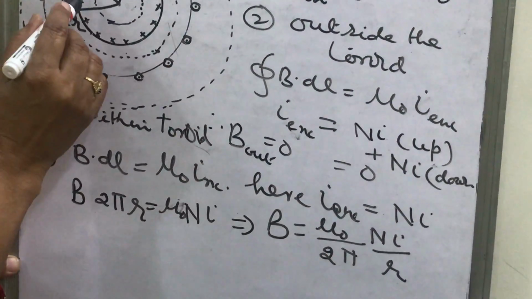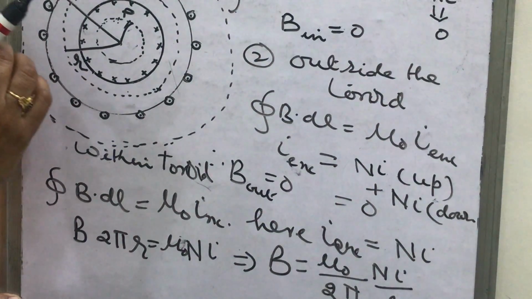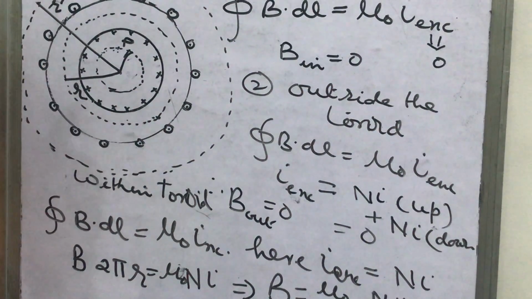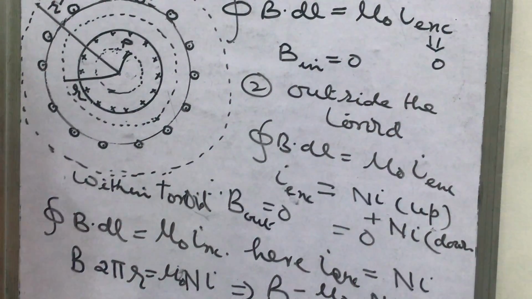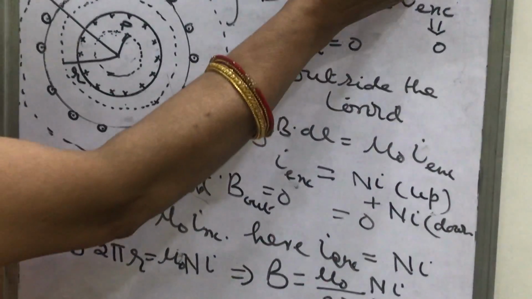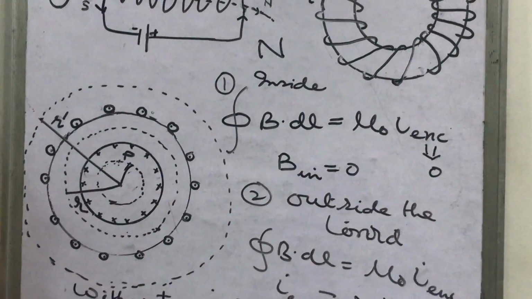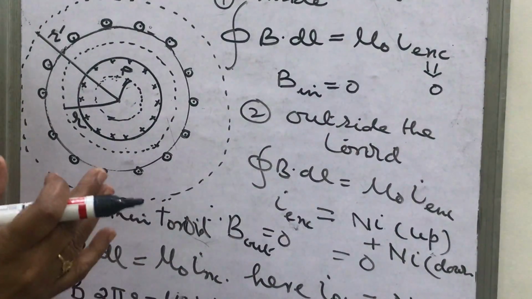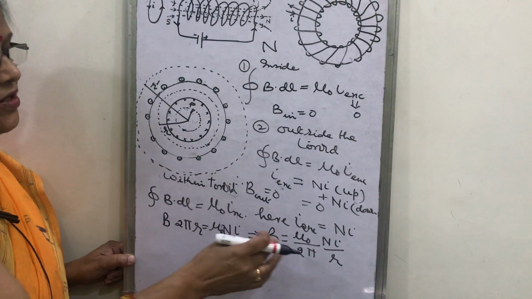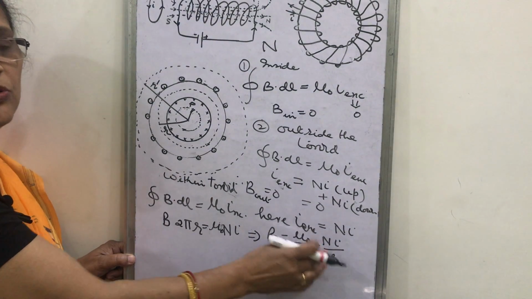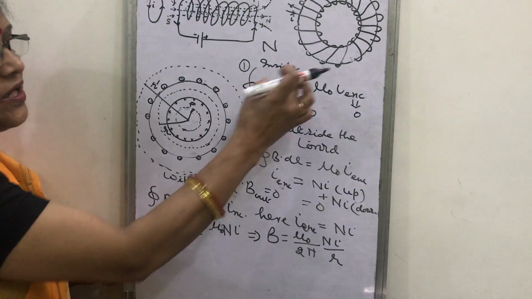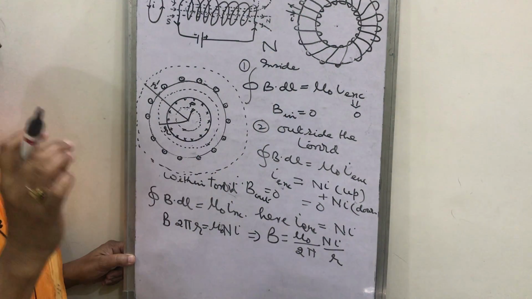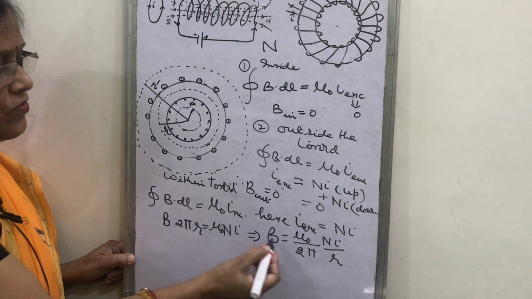B will be more if r is less. If r is the average radius of the loop, you may think that if the inner and outer radius of the toroid don't have any large difference, then we can assume that this r is almost constant. That is for a very thin toroid. If the inner radius is this and the outer radius is this, and they are not very different, then what can we write?